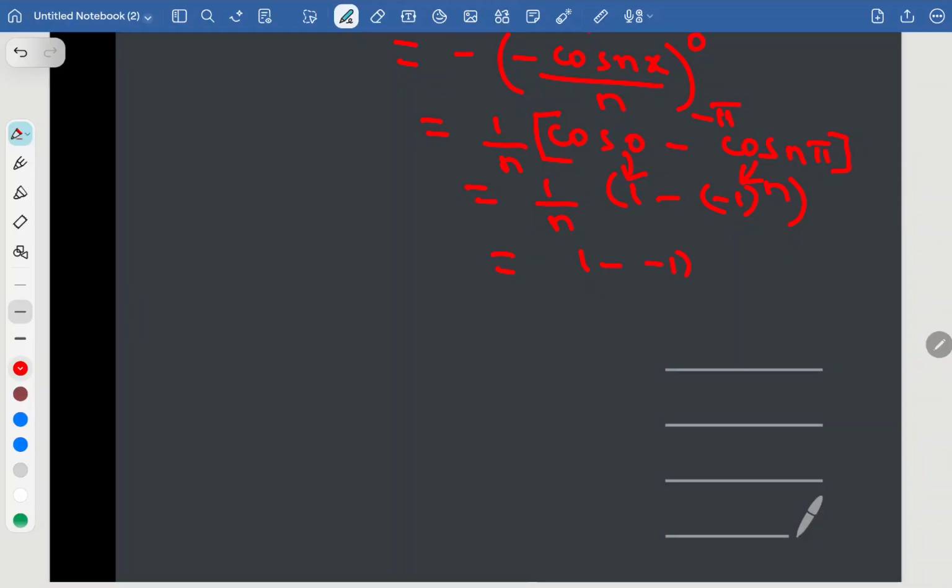Answer is 1 minus minus 1 power n divided by n.